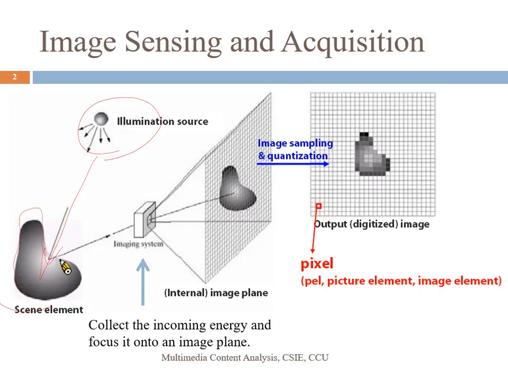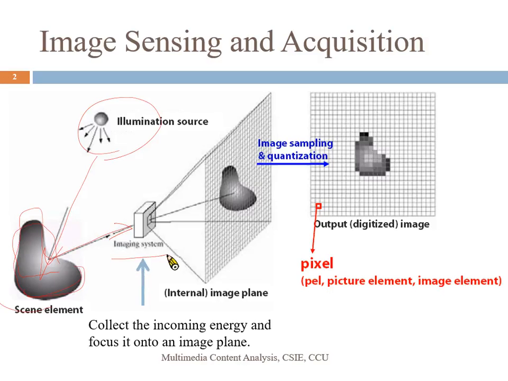According to the characteristics of the surface, light with some wavelengths will be absorbed by the surface, but light with other wavelengths will be reflected. This kind of light enters our eyes so that we can perceive the object in the real world.